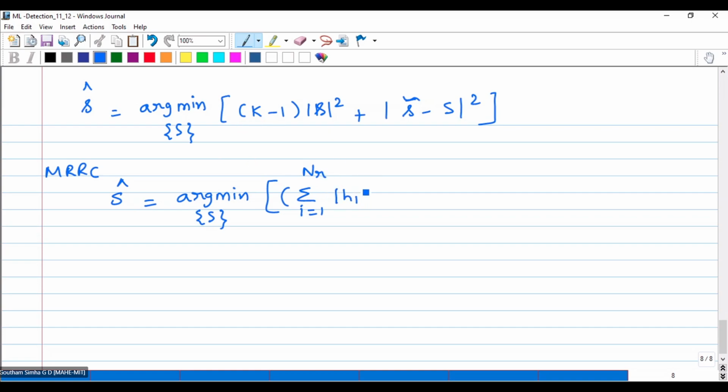Instead of K, I will write this, okay? Hi square minus 1, into the symbol that is radiated, plus the S tilde minus S square. This is my MRRC equation using ML.